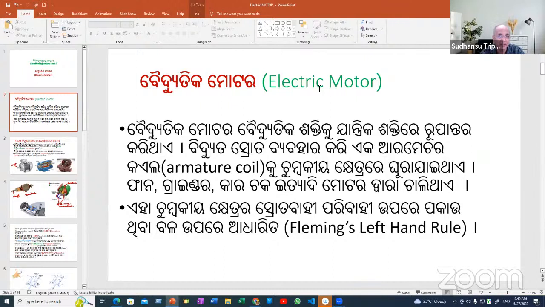We are getting AC, but the devices which we are using need DC. Therefore, we use an eliminator.